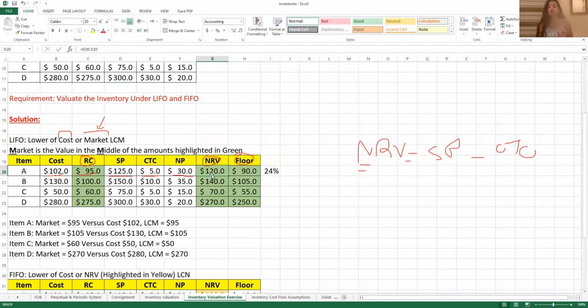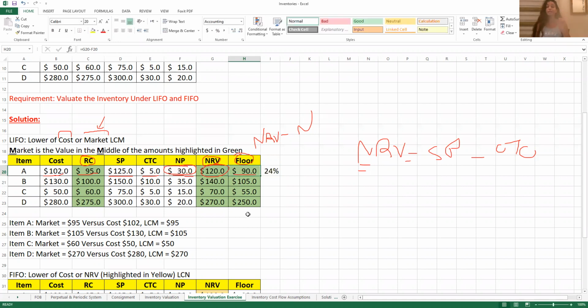So that's $120. What about the floor? The floor is N minus N, the net realizable value minus the normal profit. So that's the 120 minus the $30 normal profit, equal to $90.